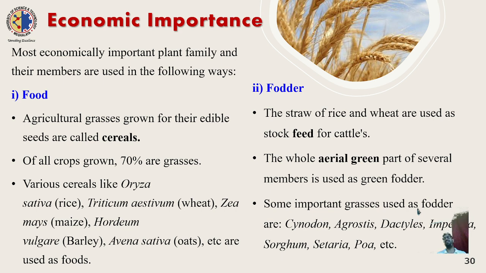We daily use grains of rice, wheat, maize, barley, oat, etc. for our food. In the morning we have food. Someone will have chapati and some have rice. These chapatis, this rice, these samosas, everything comes from the family Poaceae.